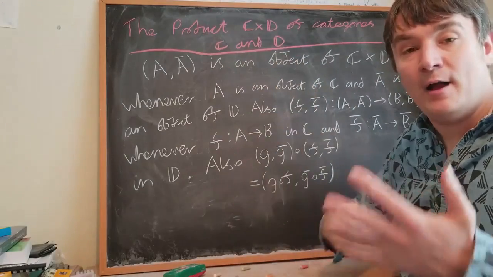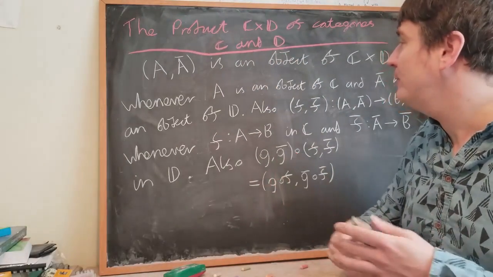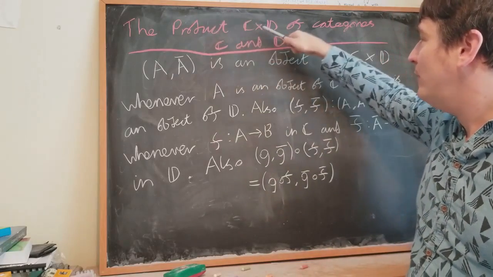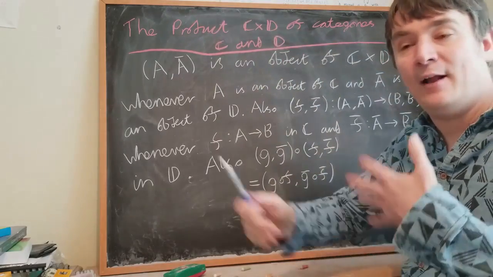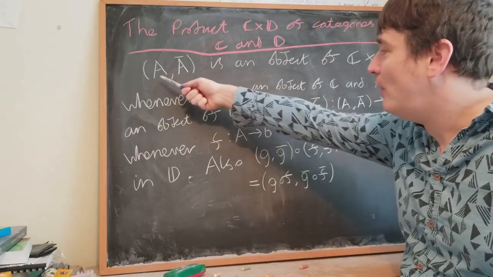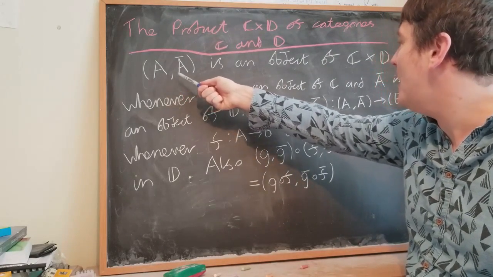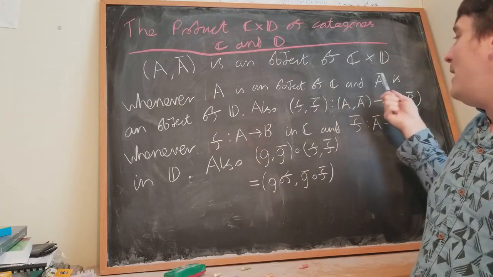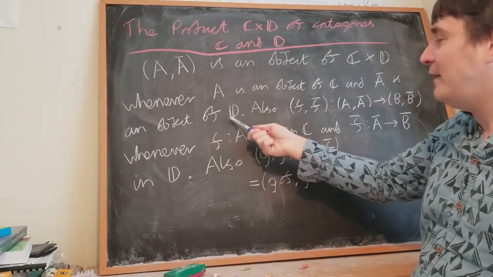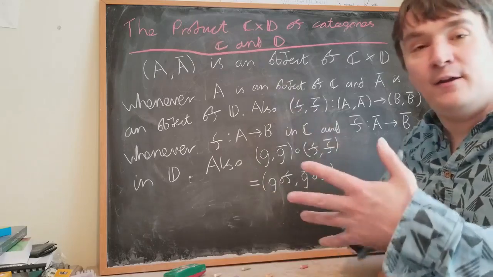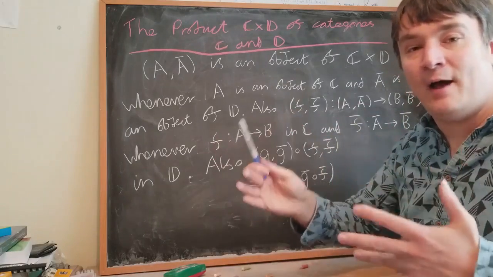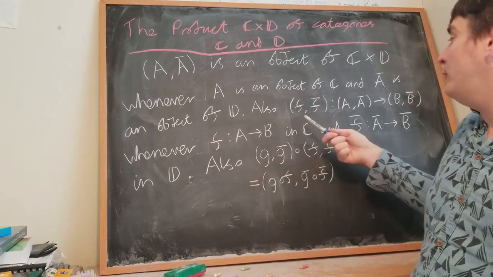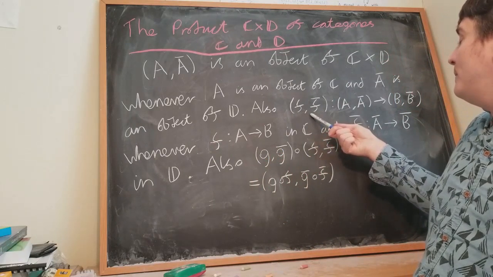So I wanted to remind you about the definition of this. This product here is going to be a category, and it's going to have objects A comma A bar, whenever A is an object of C and A bar is an object of D. And this category is also going to have arrows, and the arrows are written F comma F bar.